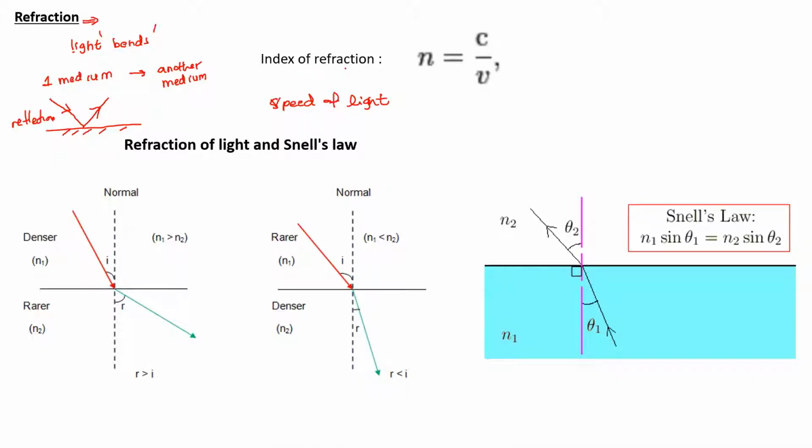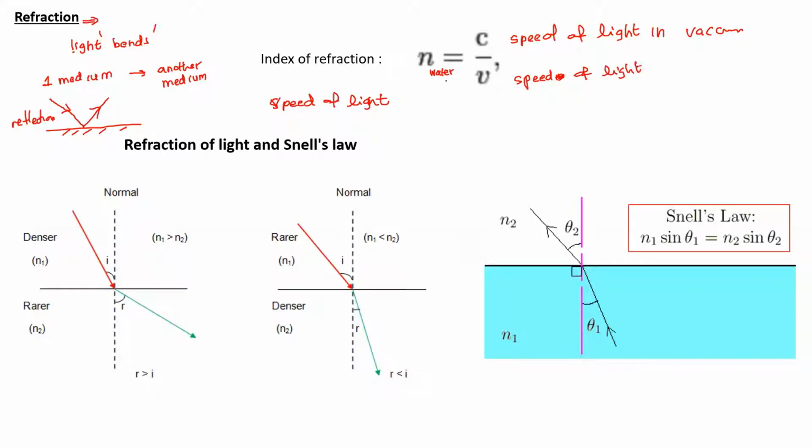There's a quantity called the index of refraction, which compares the speed of light in different mediums. For example, if you need the index of refraction of water, what you would do is divide the speed of light in a vacuum by the speed of light in the medium you are interested in.